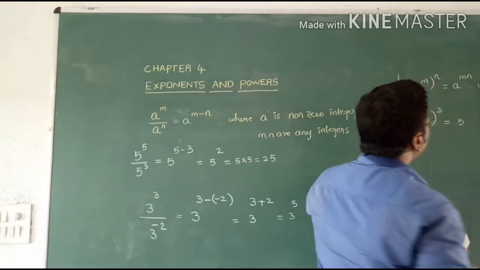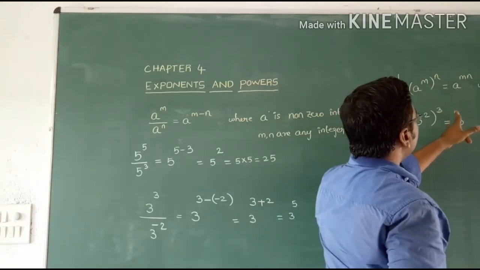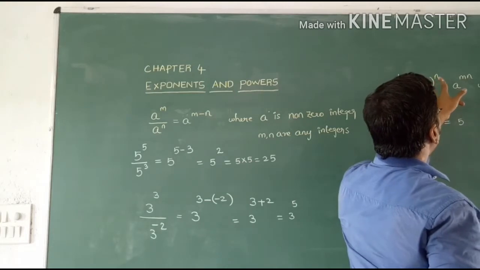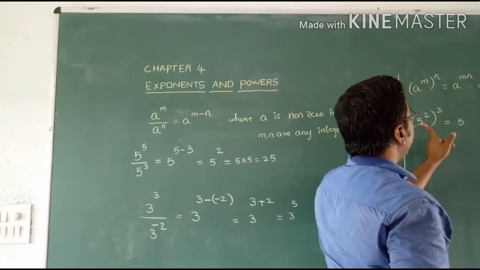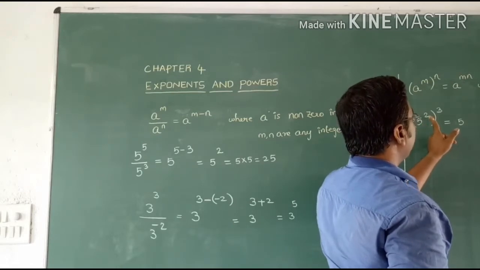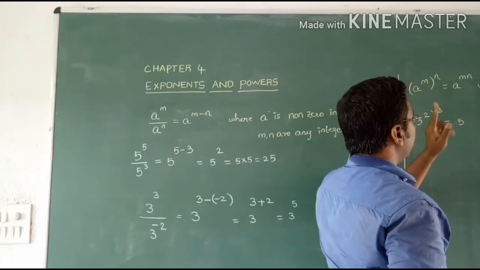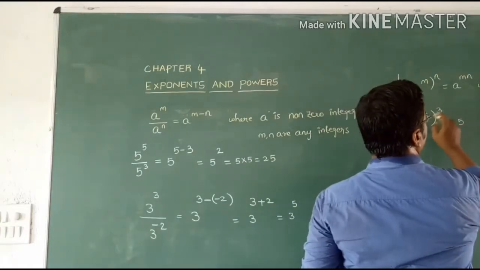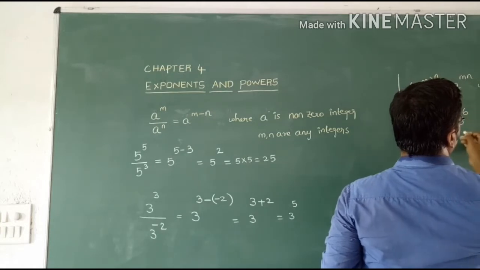Here the m is 2 and the n is 3. So what is the formula? a power m whole power n is a power mn. So the base a is here 5, m is integer 2, n is integer 3. What we have to do? We have to do simply the multiplication: 2 into 3, 2 3s are 6.